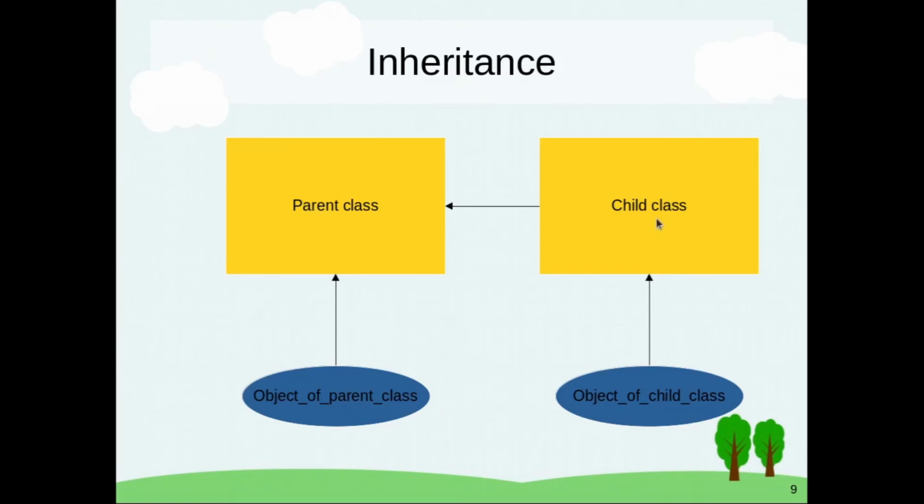If we instantiate this child class, meaning we declare an object of the child class, this class will have its own characteristics too, and it will derive some of the characteristics from the parent class. So this is the basic concept of inheritance.